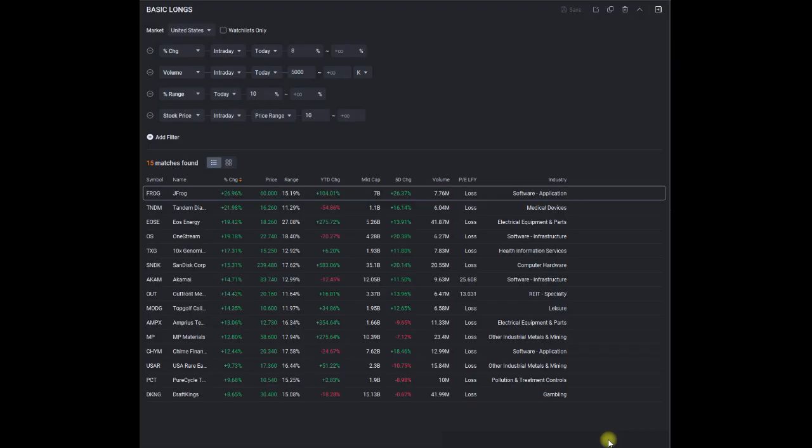Let me give you an example up front. You buy JFrog. The price of JFrog is $60, and 1,000 shares are $60,000, and 350 shares are $20,000. Is it doable to buy a position of 350 shares?